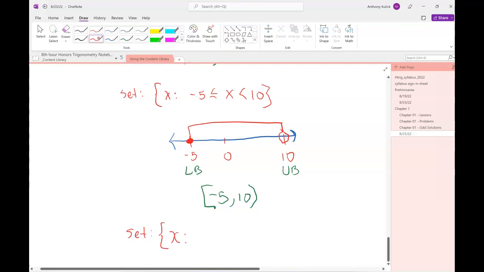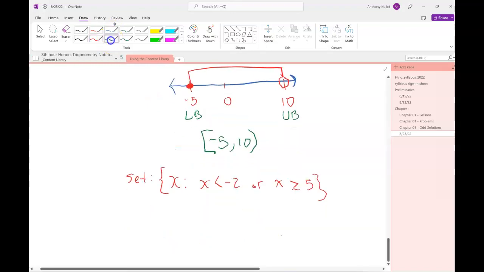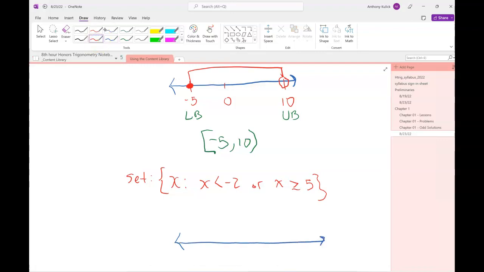So let's say we have x is less than -2 or x is greater than or equal to 5.